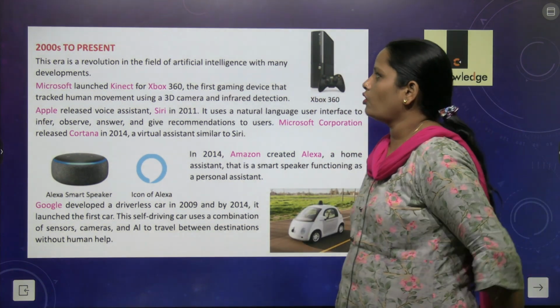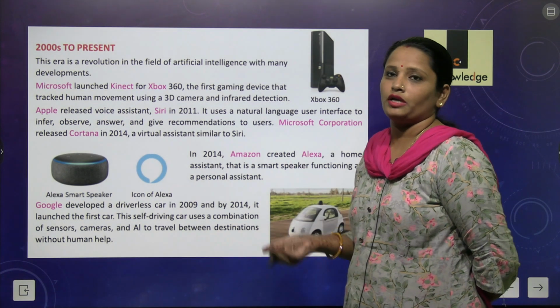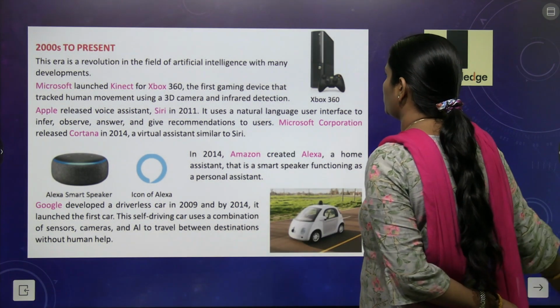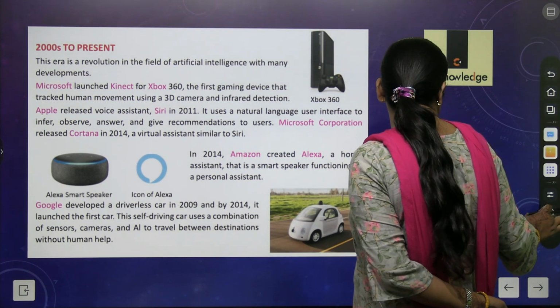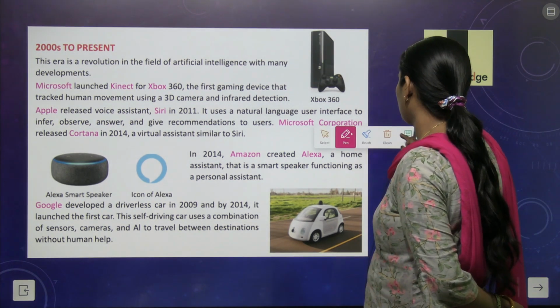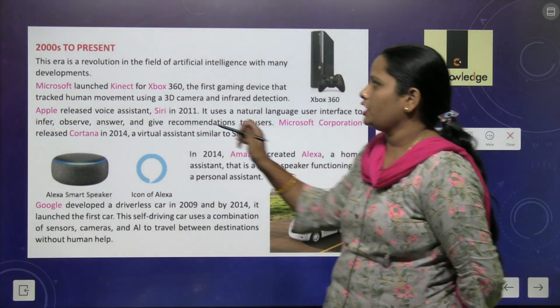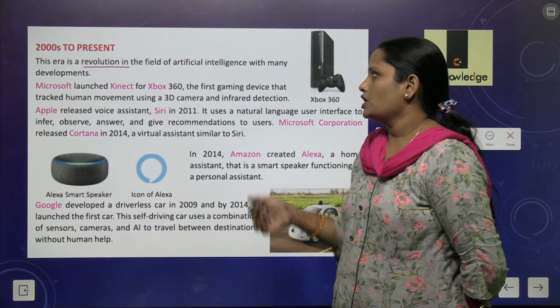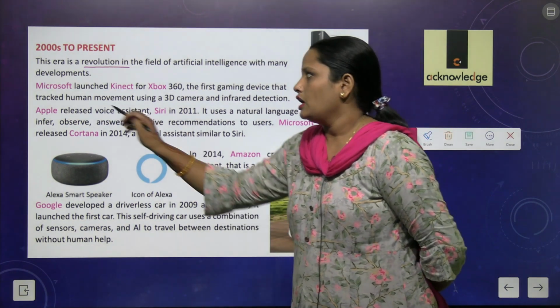So in the present, what all inventions were made by our great scientists? This era is a revolution in the field of artificial intelligence. In this, many scientists tried many new things and it brought a revolution in the field of artificial intelligence with many developments.